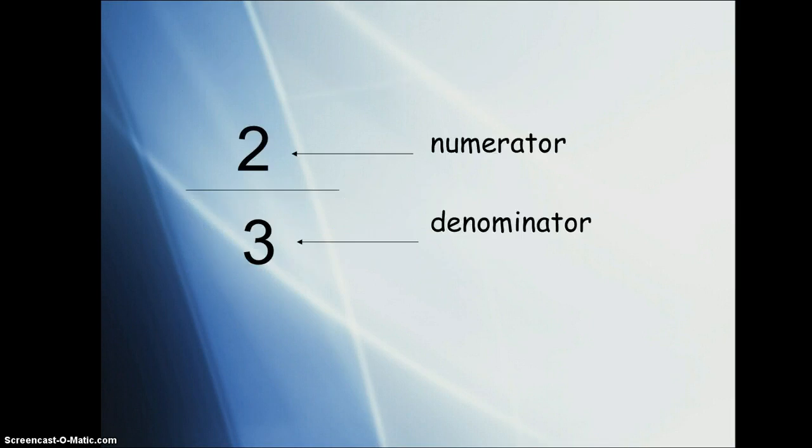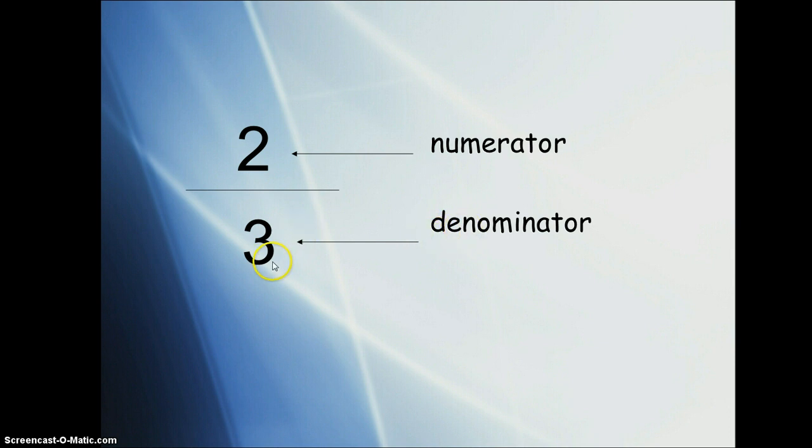When we talk about the numerator and denominator, the video you have just watched talked about the numerator being the number on the top, or the new number, the number that you're talking about. The denominator is the number on the bottom of the fractional line, and the denominator, if you remember in the video, talked about down.